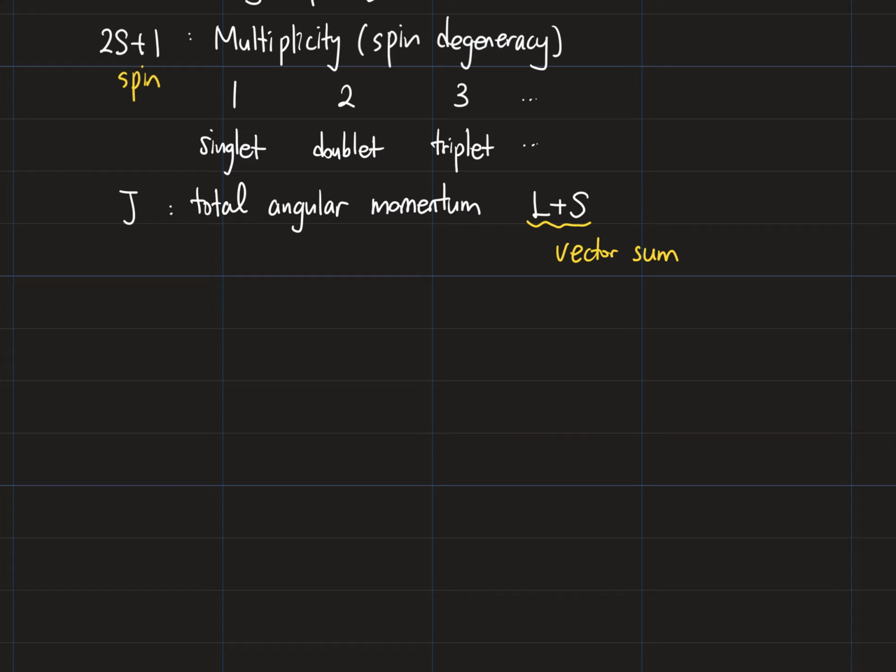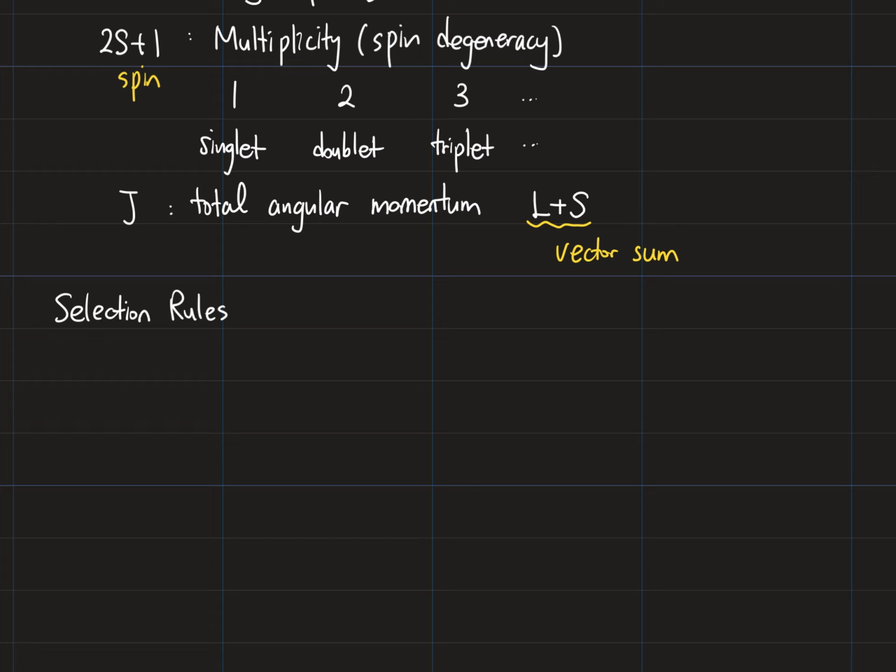So now we are ready to talk about selection rules. Suppose we have an electron in an excited state and it wants to fall down to a lower energy level and emit a photon. Can it jump to any level it wants?